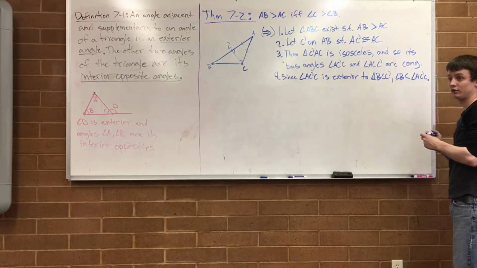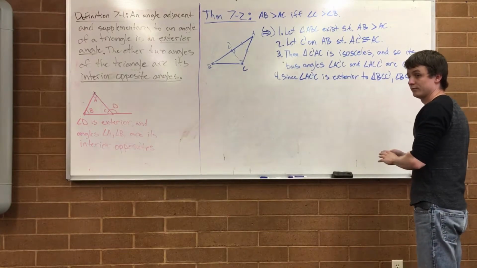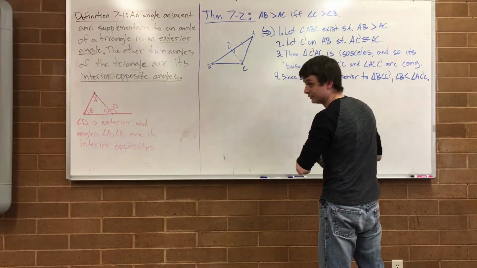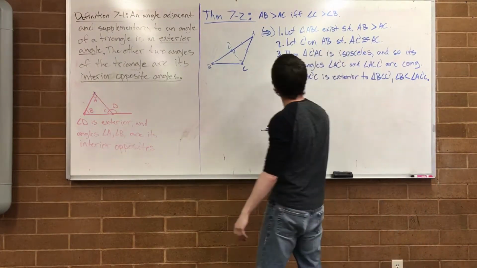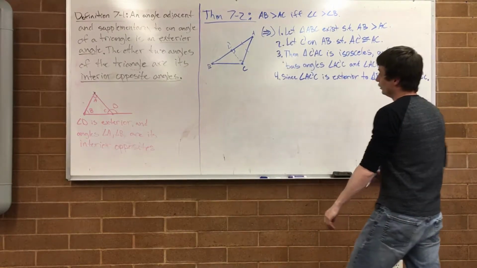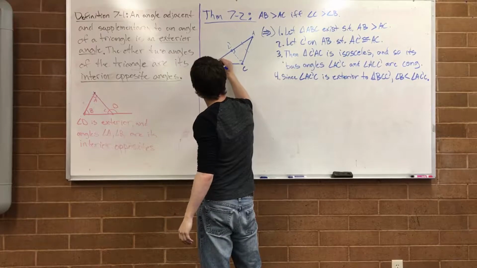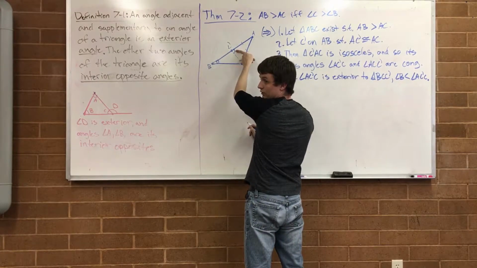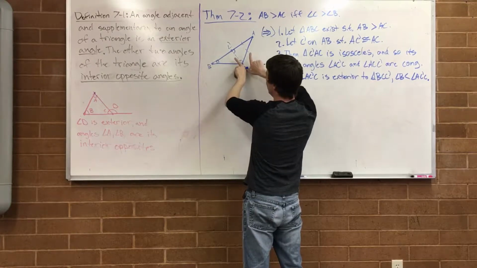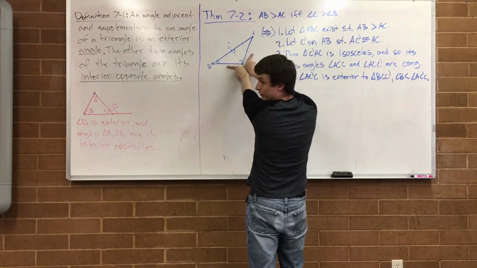You good with that piece of logic? Waiting on you, Debbie. So now we've got this angle, angle B, is less than this one, is congruent to this one, is less than this one.